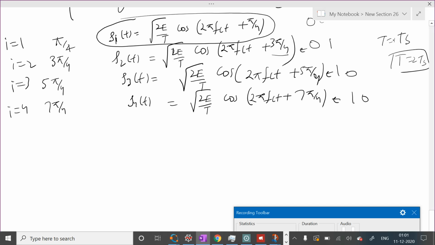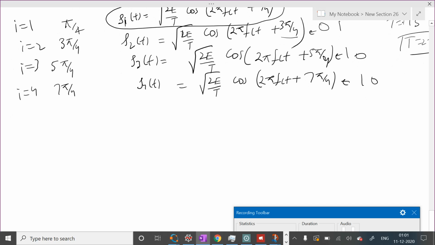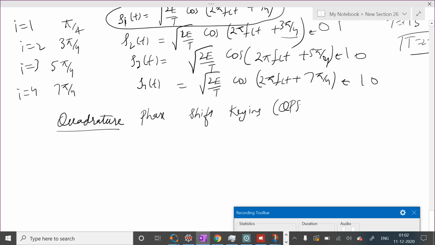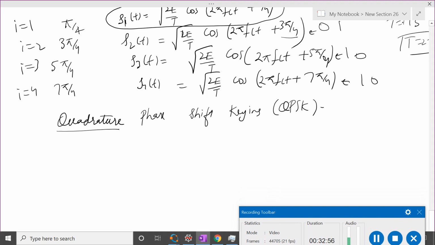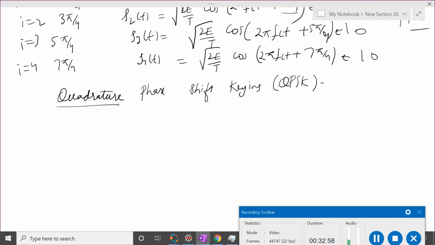Now this type of modulation where we have 4 signals which represent 2 bits, any of the combinations, it's called quadrature. Quadrature refers to 4 phase shift keying, QPSK. Now to get a more clear picture of QPSK, we will represent it in a little bit different way.